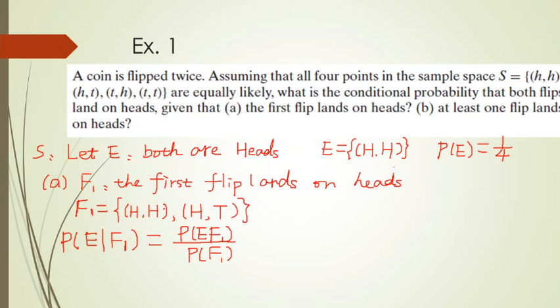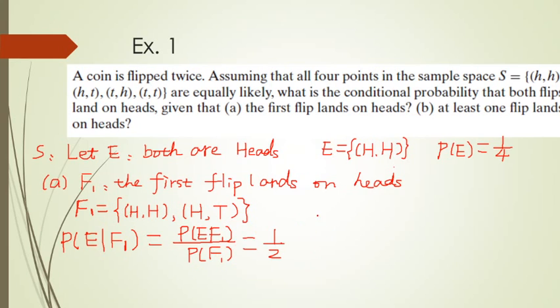When you are talking about both are head, under the condition, this event E, what is the probability of the event E? Under the condition you have a new sample space. The event F1 will occur, the first flip a head. So it's just one out of the two. Of course, the probability will be 1/2. The event E we only have one outcome, and under the condition event F1 occurs, that will be 1/2.